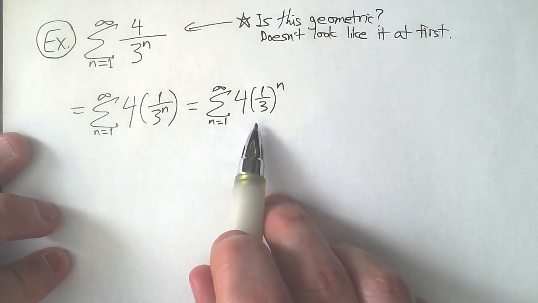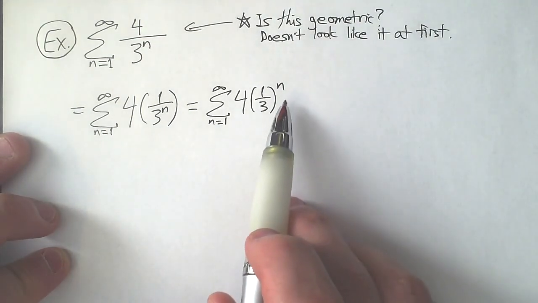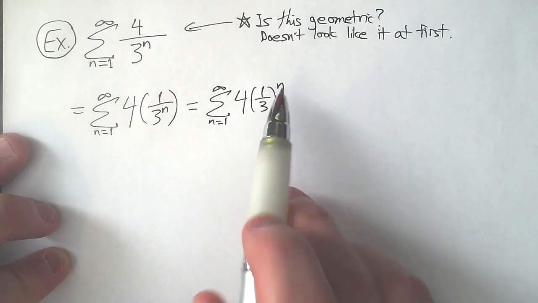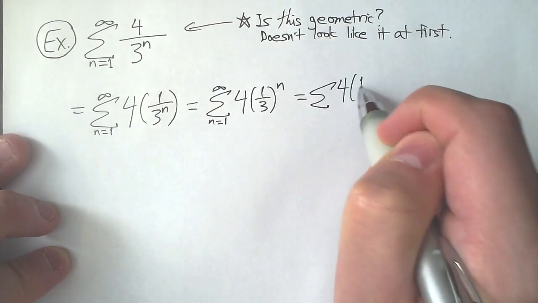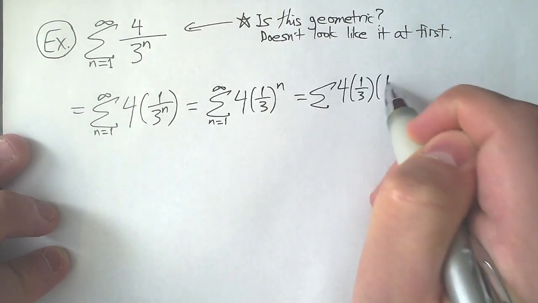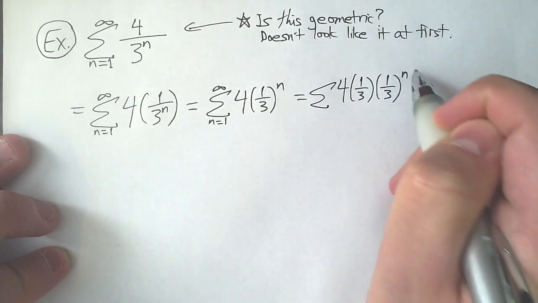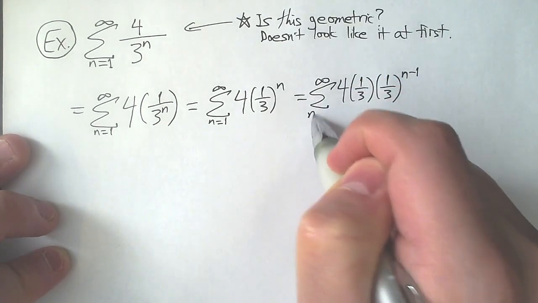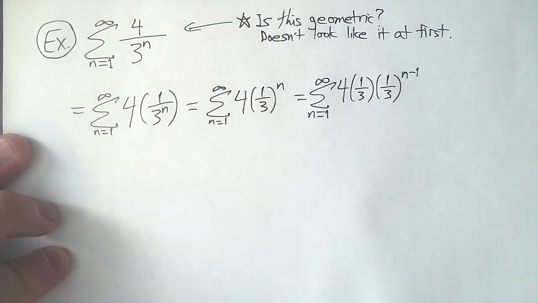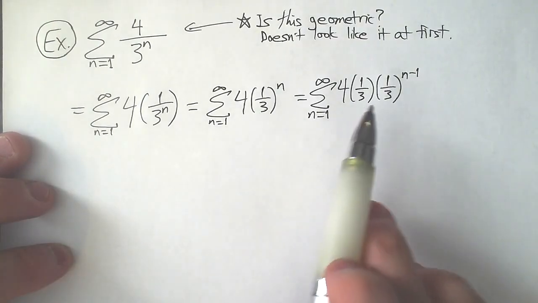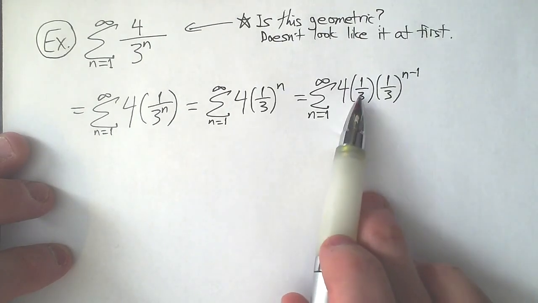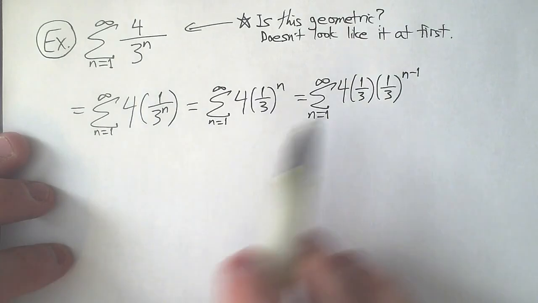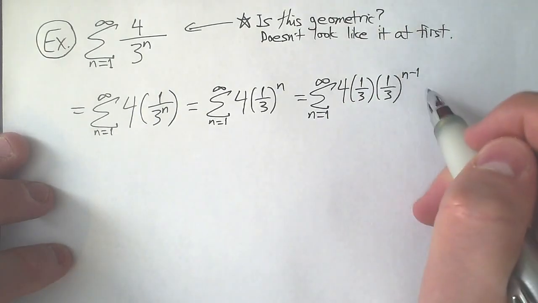Now, it's almost the form that I want for a geometric series, except I would want this to be an n minus 1. So we do what we did on the previous one, which is pull out one of the 1/3. One of the 1/3 gets moved out like that. Well, now there are 3 numbers here, a 4, a 1/3, and a 1/3, and it's so close to being that form.